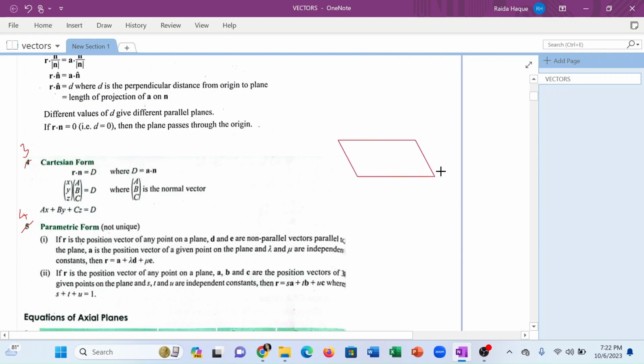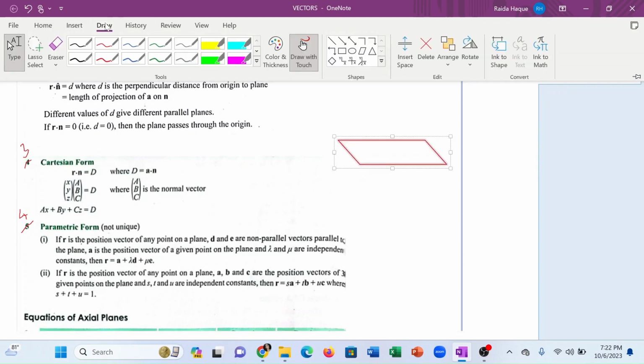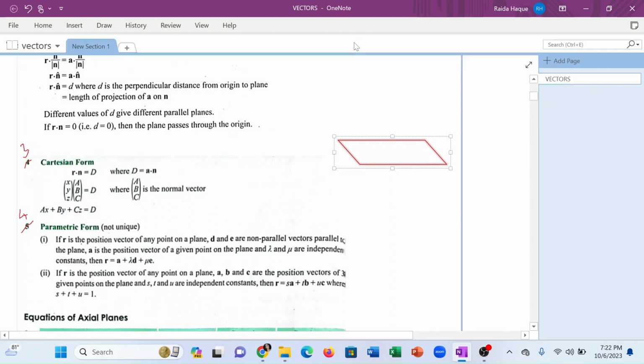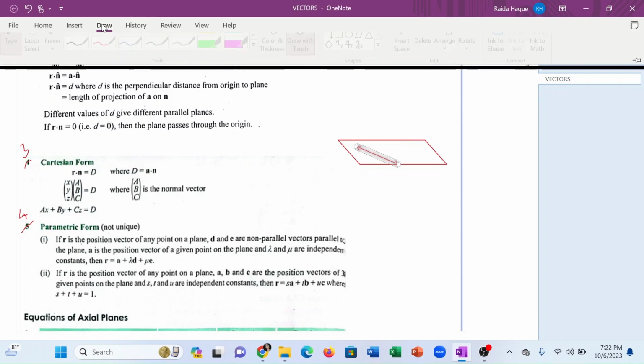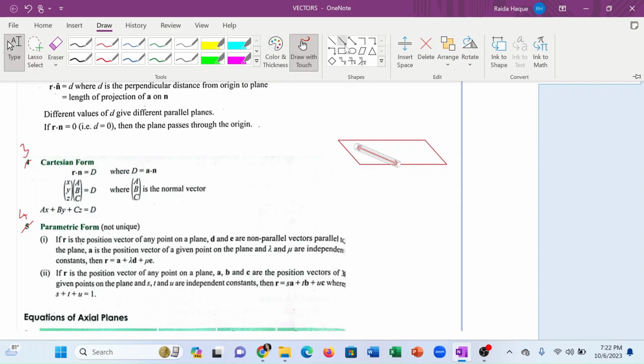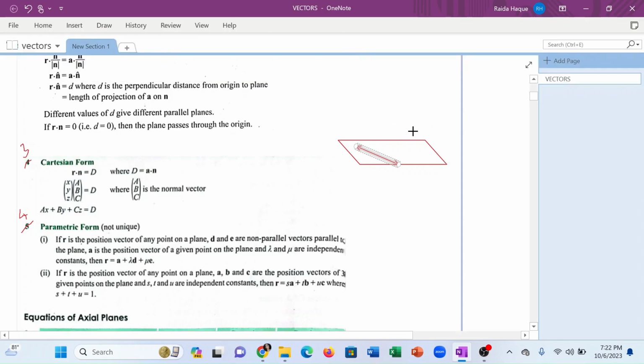So let's say we have a plane like this, right? And over here, any line that lies on the plane is parallel to the plane. So let's say we have this line on the plane, and we have this other line on the plane. Okay, I have mistakenly drawn an arc though.